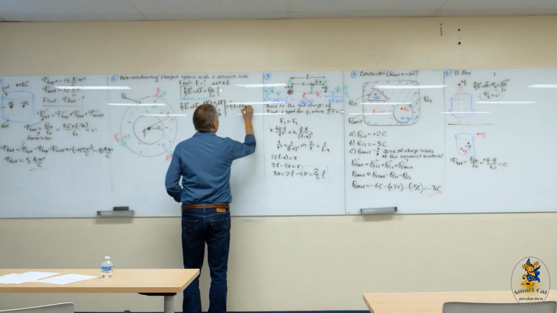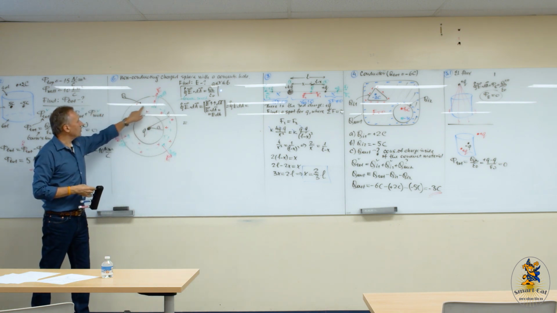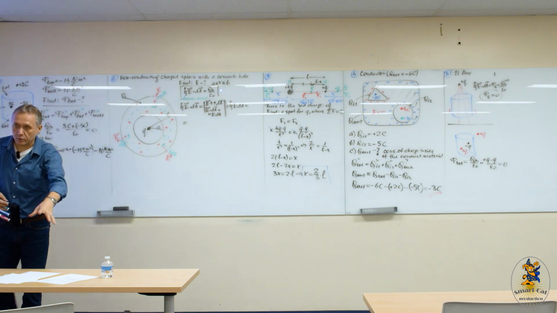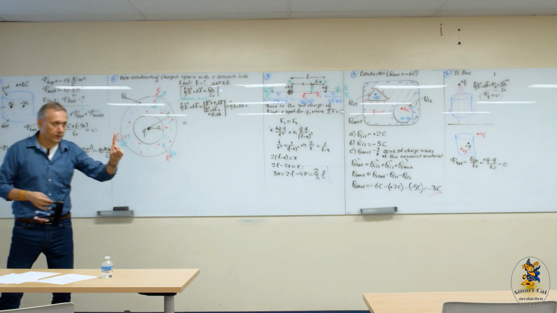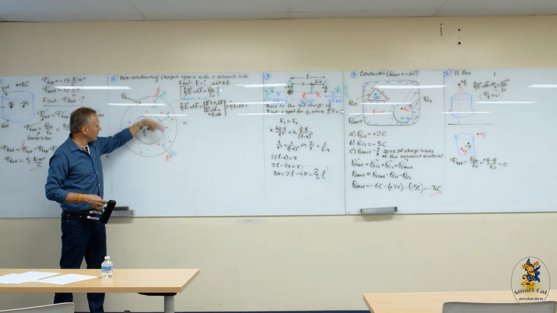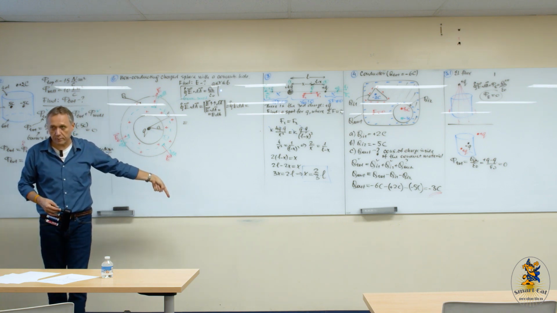And now, again, we can use the symmetry. It doesn't matter on which part of the Gaussian surface you are, the electric field magnitude is the same. Not the vector, because the electric field over here has that direction, and over here has this direction. Directions are absolutely different, right?